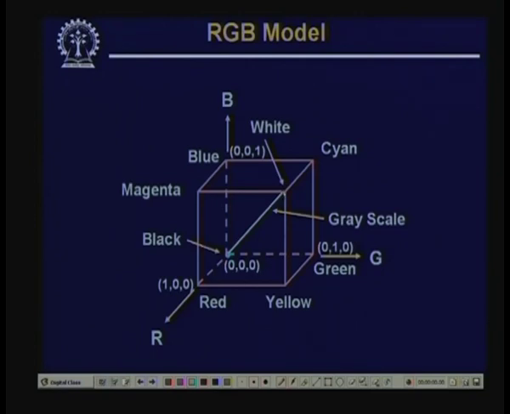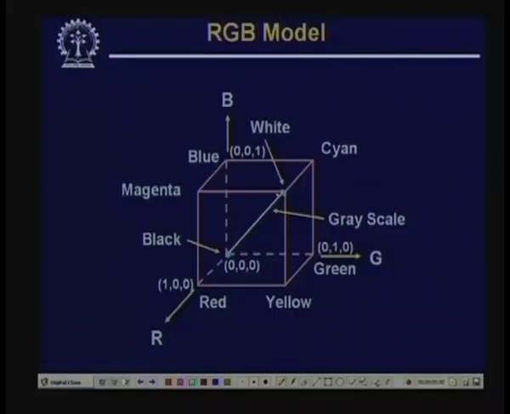Similarly, the furthest vertex from this black point or the origin is where the red component is equal to 1, green component is equal to 1 and blue component is equal to 1. That means all these three primary colors are mixed in equal proportion and this point represents white. The red color is placed at location 1 0 0, where the red component is equal to 1, green component is equal to 0 and blue component is also equal to 0.